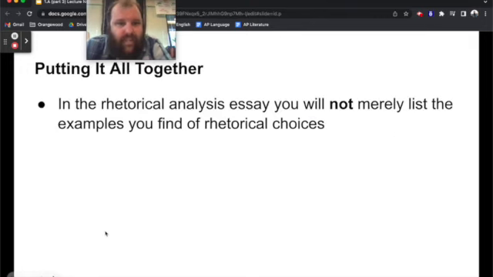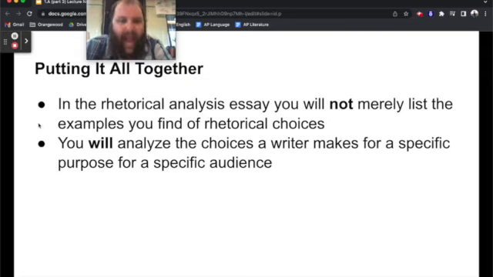And so putting it all together in the essay, which again, we're not doing yet, right? You will not merely list the examples you find. You have to analyze the choices a writer makes for a specific purpose, for a specific audience. So not just saying, here's repetition, right?